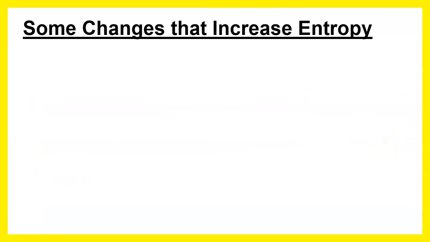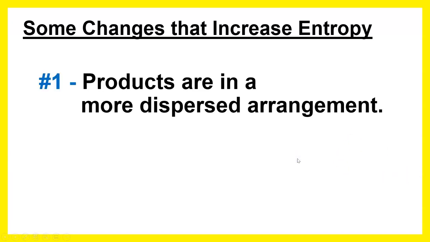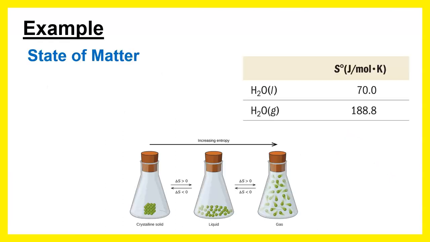Switching gears, let's go back to some concepts for a minute. Let's think about some of the things that would result in an increase in entropy. So having our products in a more dispersed arrangement, and that can mean a variety of things. For example, it could mean going from a solid to a liquid to a gas.